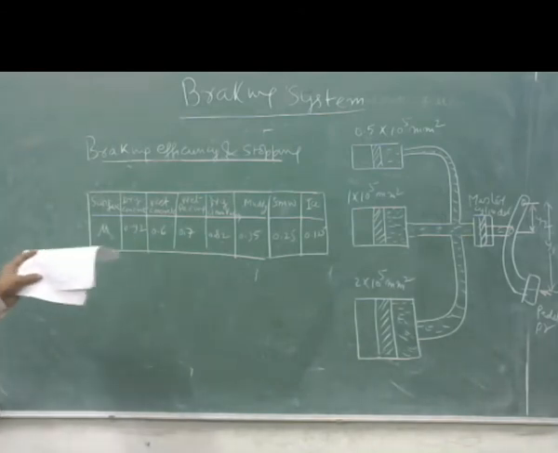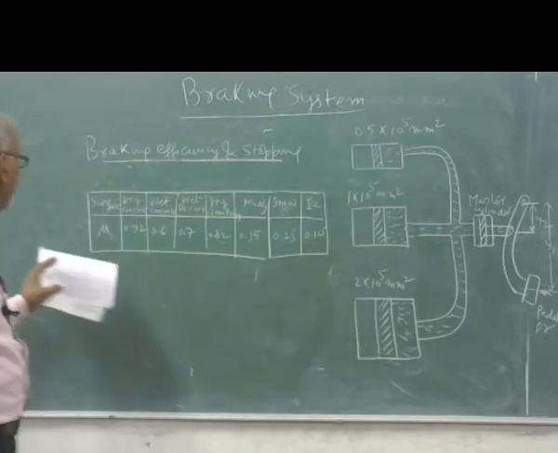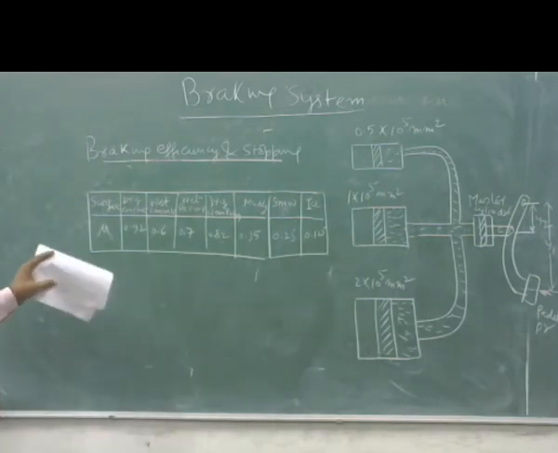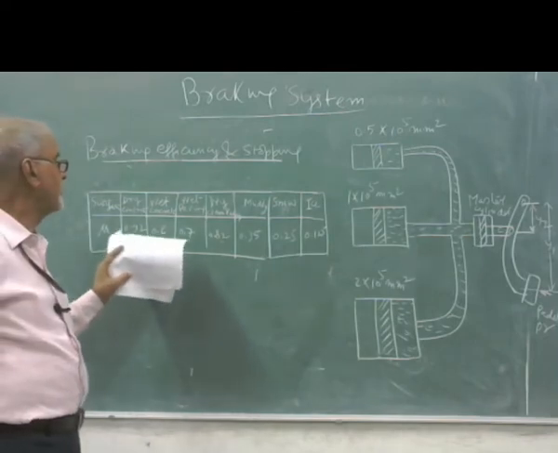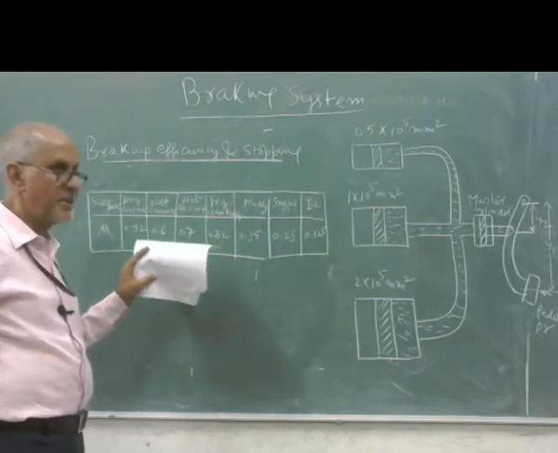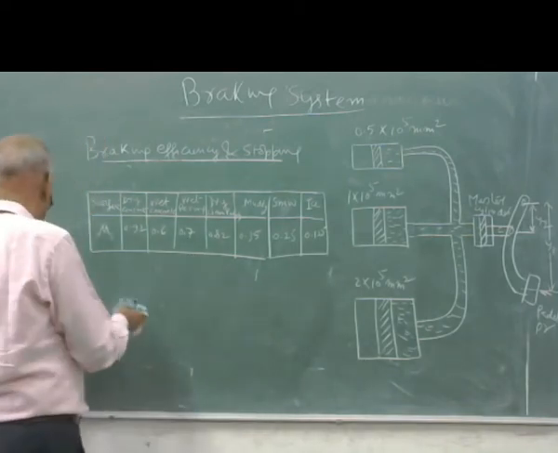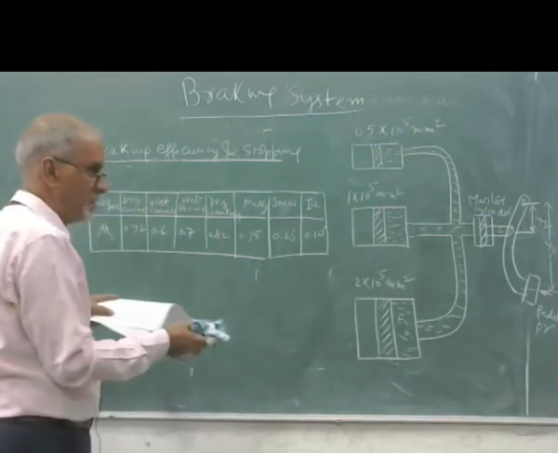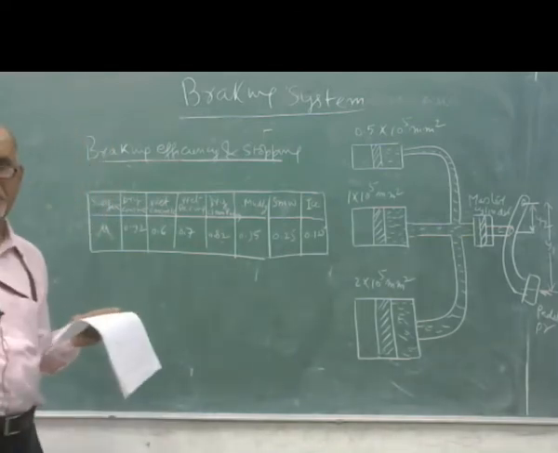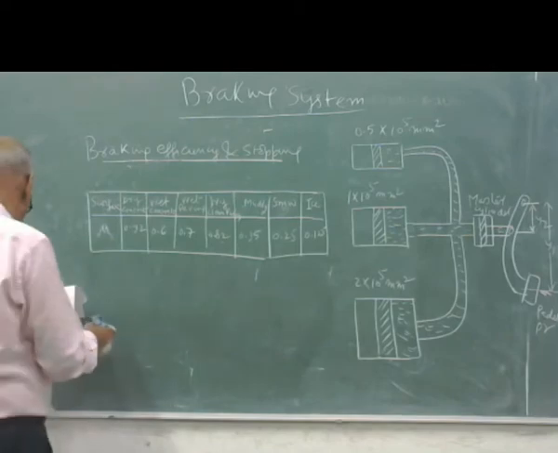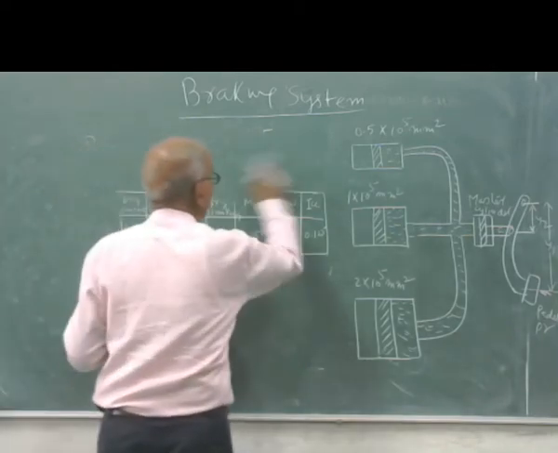That is the surface of the road, which is very important, whether it is concrete, wet concrete, wet paving, dry clean paving, muddy, snow or ice. So the coefficient of friction depends upon the type of the surface. Next comes braking effectiveness.